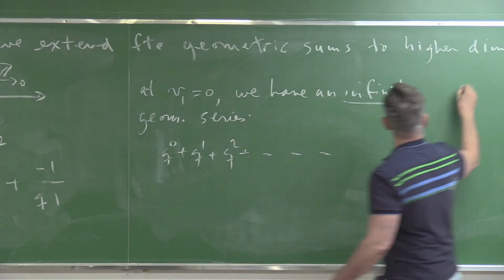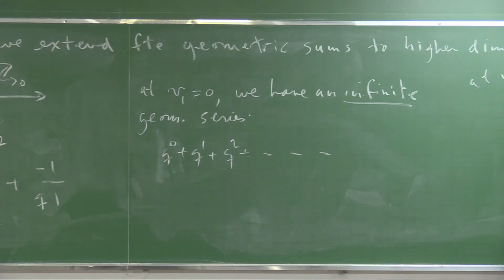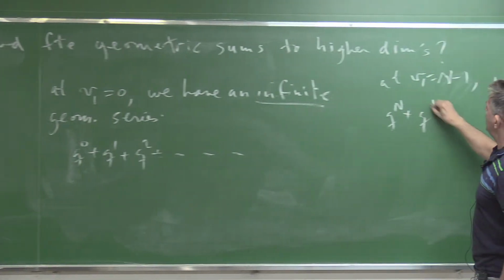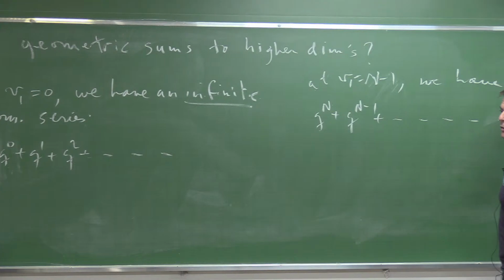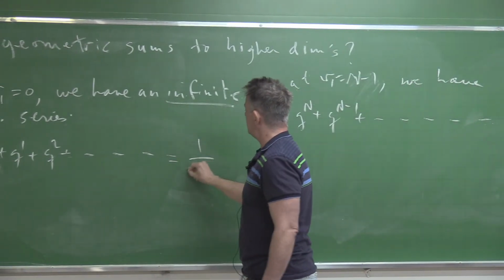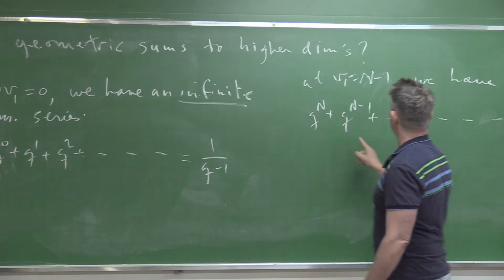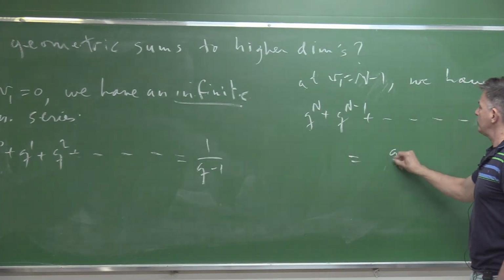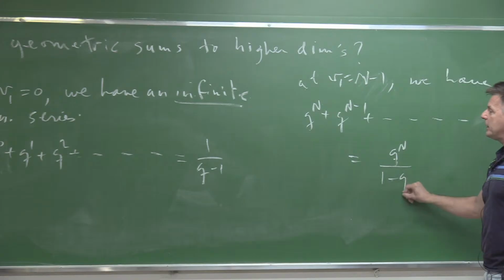But at the other vertex, at n, we have another one. We have a geometric series that starts with q to the n and descends all the way to negative infinity. This geometric series, you know what it is. It's q to the n over 1 minus q.